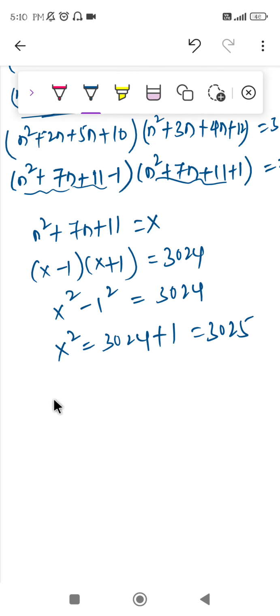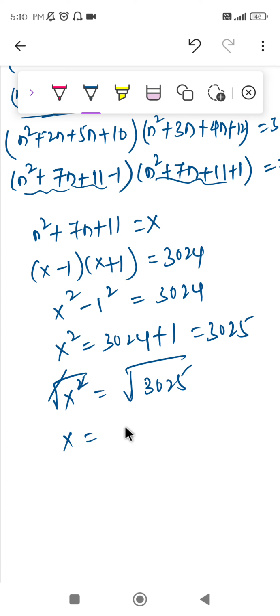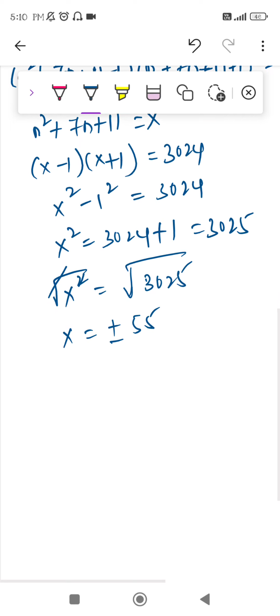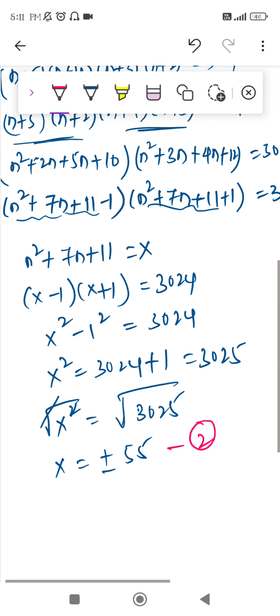Taking square root on both sides, x is equal to square root of 3025, and the square root will cancel the square. So x is equal to plus or minus 55, since 55 square is 3025. And now we can call this as equation number 2, and the earlier one as equation number 1.